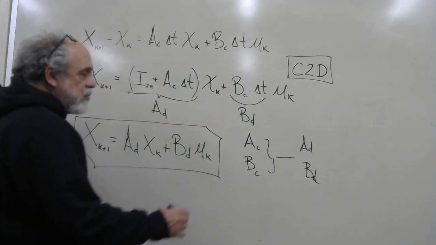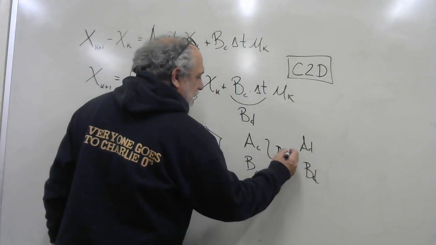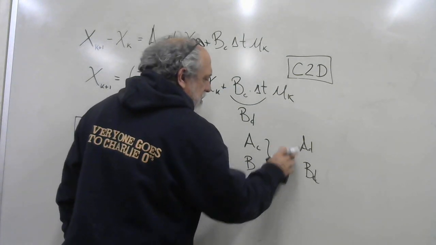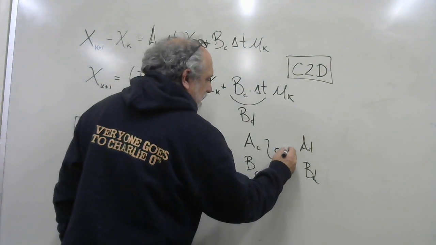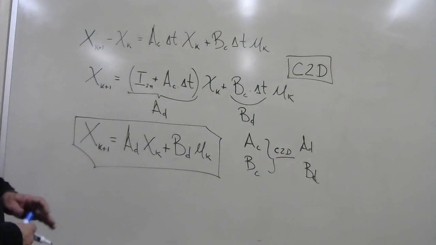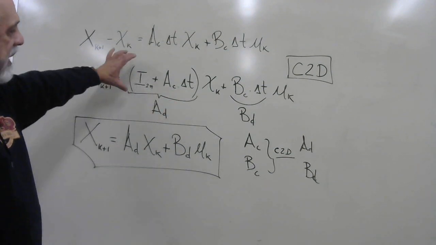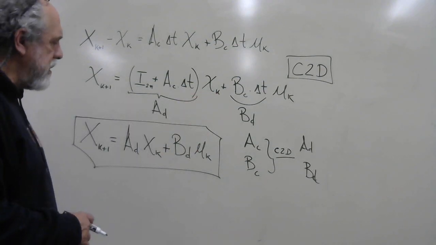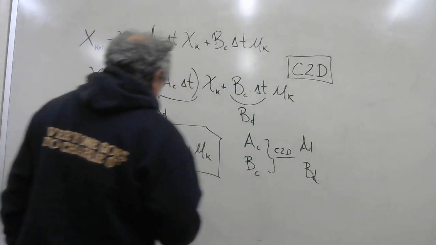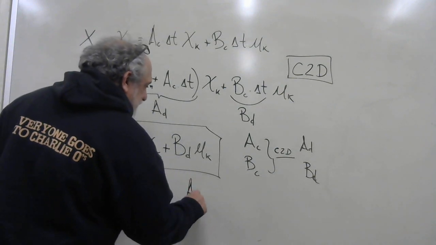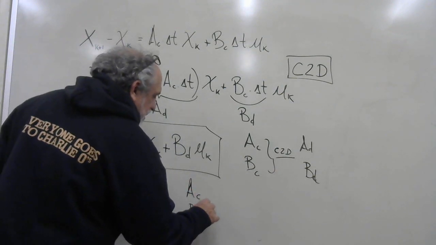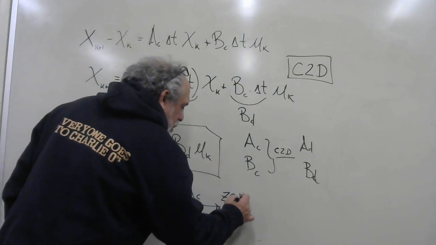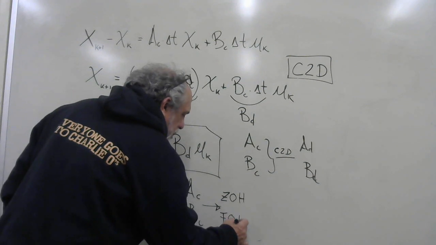This is what we would refer to as C to D. The backward process is D to C. Now, the formula that connects AC to AD and BC to BD is the simplest one. But it is more common to go from AC and BC with either something called the zero order hold or the first order hold.